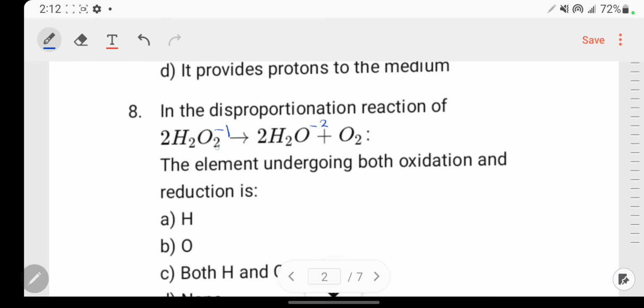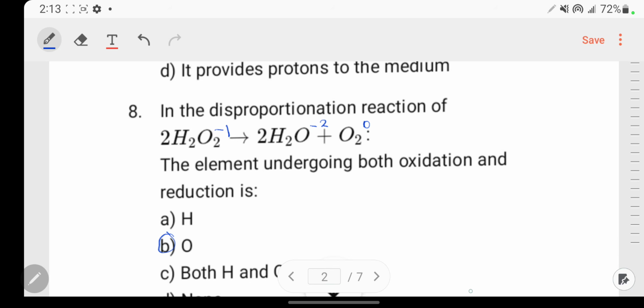So here oxygen is more like being reduced, since the charge has reduced. Then also in oxygen O2, when it combines with itself, the charge is just 0, it's neutral. So oxygen in this sense acts as both oxidation and reduction. Our answer for that one is oxygen, which is our B answer.